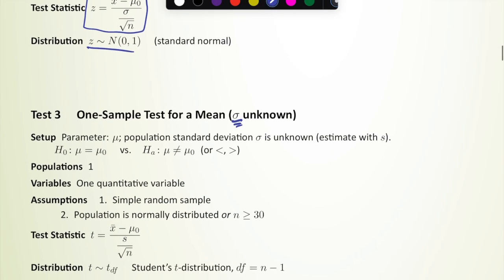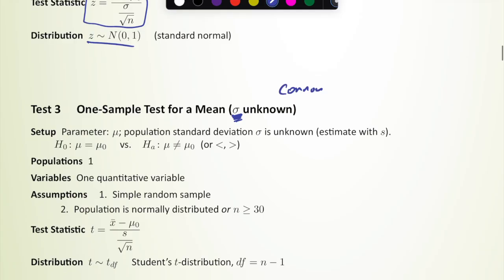Now, if sigma is unknown, if we don't know the standard deviation of test scores or something like that, which is very common, then this z-score that we would get, we have to use S to approximate our sigma because we don't know sigma, but we use S. As it turns out, if you use S, this is not normally distributed.